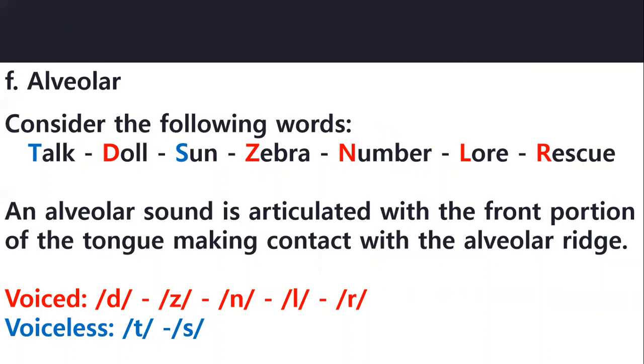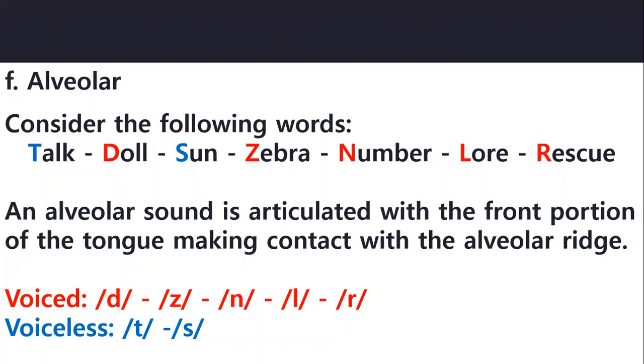Now for the alveolar, consider the following words: talk, doll, sun, zebra, number, lure, rescue. An alveolar sound is articulated with the front portion of the tongue making contact with the alveolar ridge.